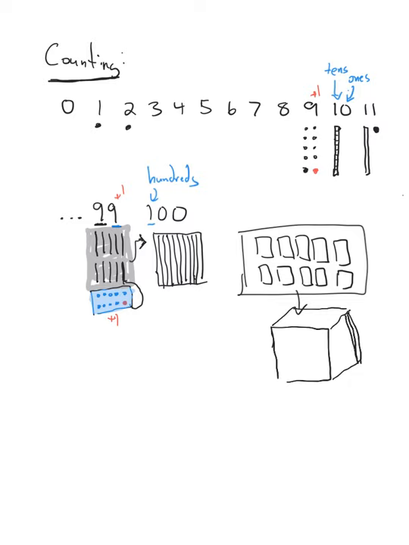of 10 hundreds. Let me see if I can draw this. So there's one of those squares, second square, the third square, fourth, fifth, sixth, seventh, eighth, ninth, and 10th square.